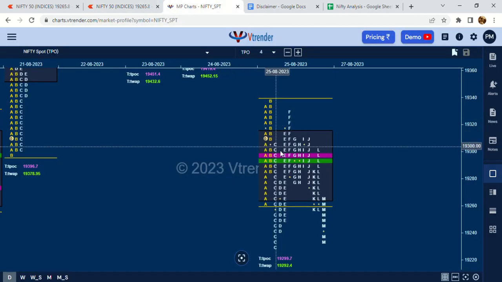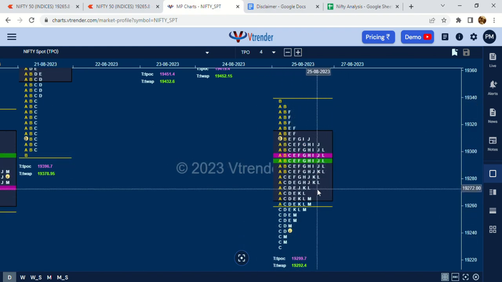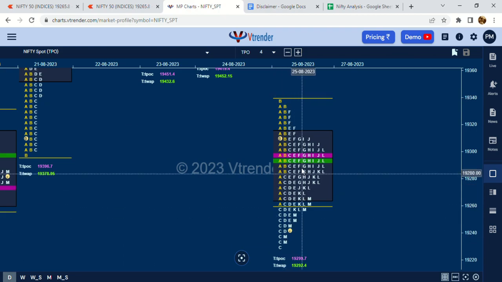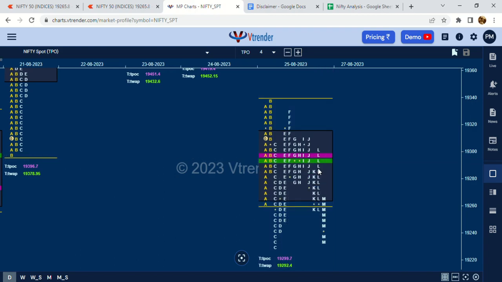So day profile type was a D type, you can see. So at both the excesses there was rejection. So there was not any presence of the smart players, you can say. So only short-term buyers and sellers were present. They kept auctioning between these excesses only.